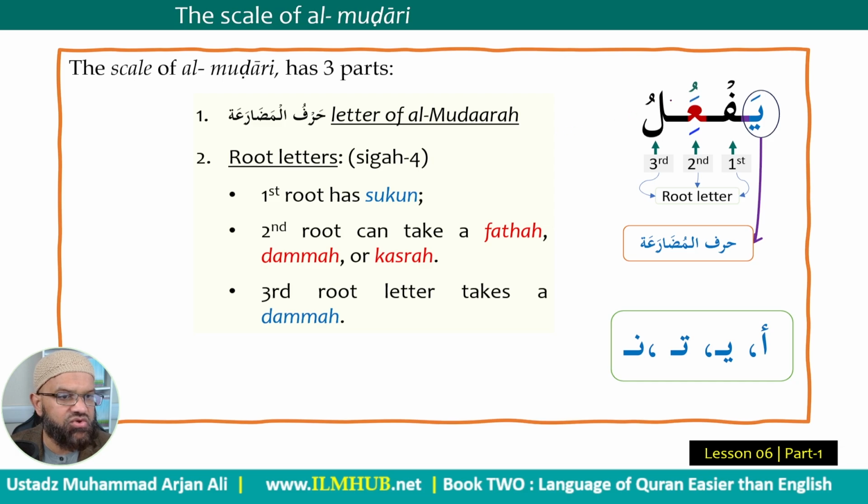So just like we saw with the madi, it is only the middle root letter that takes three different scale vowel signs. Either fatha, dhamma, or kasra. The others are fixed. So the variation is in the middle root letter. So this is the scale of al-mudara, the mudara verb, with the harf al-mudara'a at the beginning.